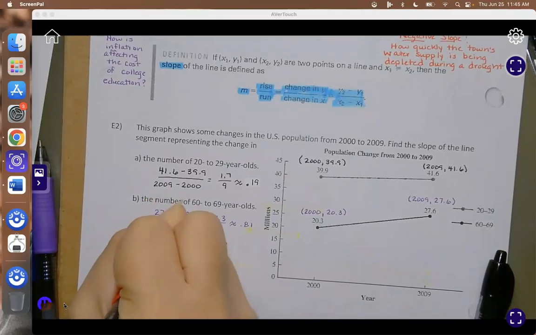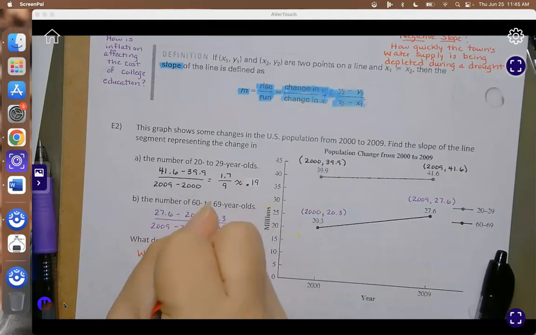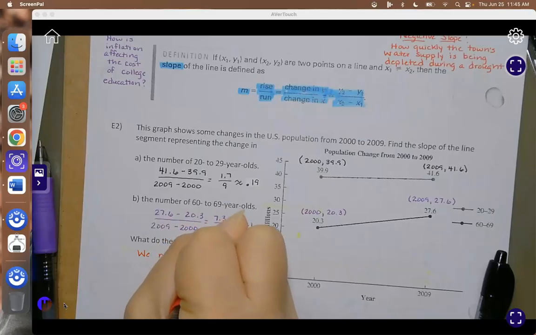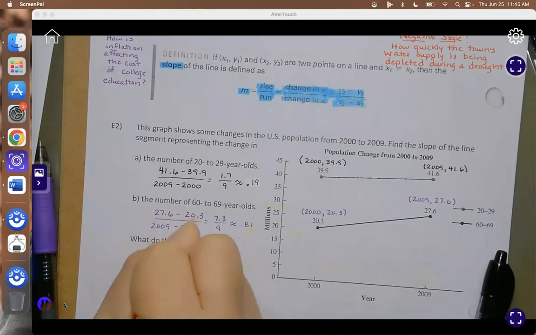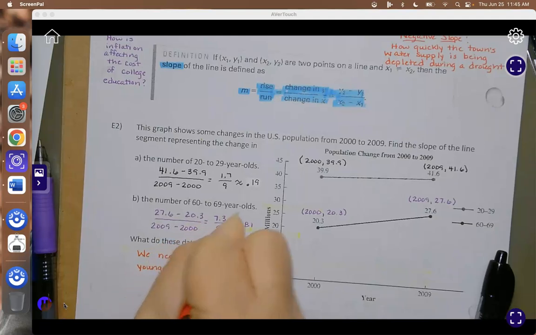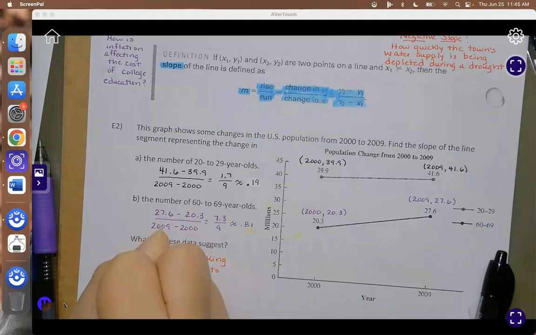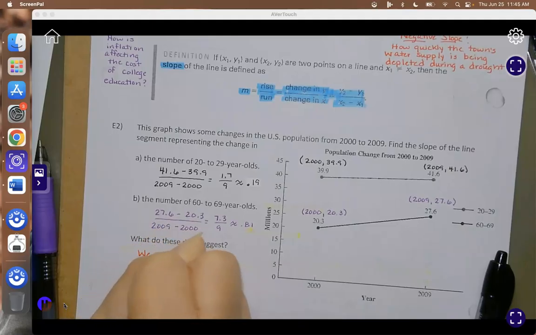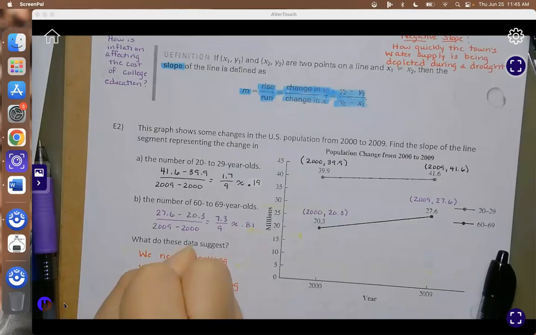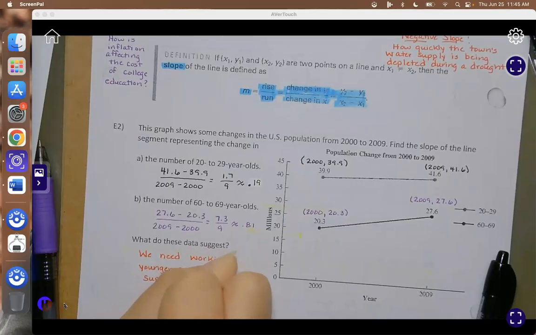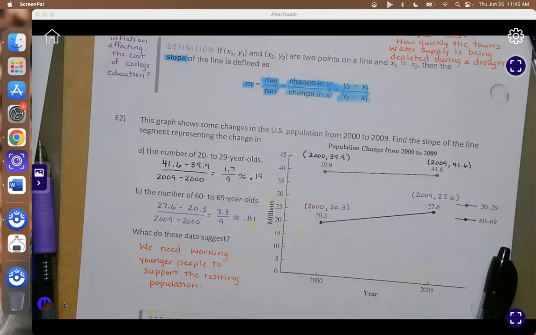We need working younger people to support the retiring population. Okay, there's about to be more people retired than working. So that's why they're worried about Social Security coming to an end and all the good things about that. Well, not good things about that.